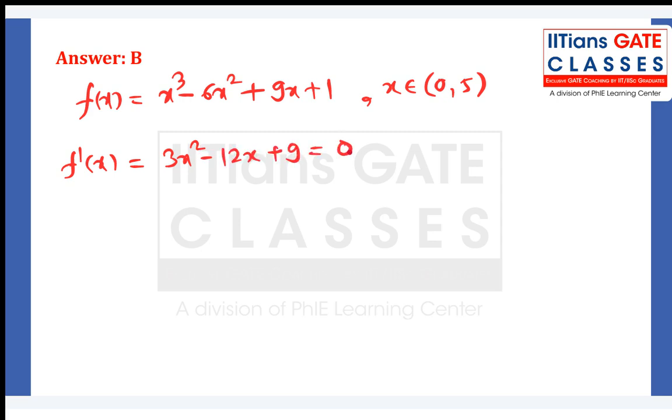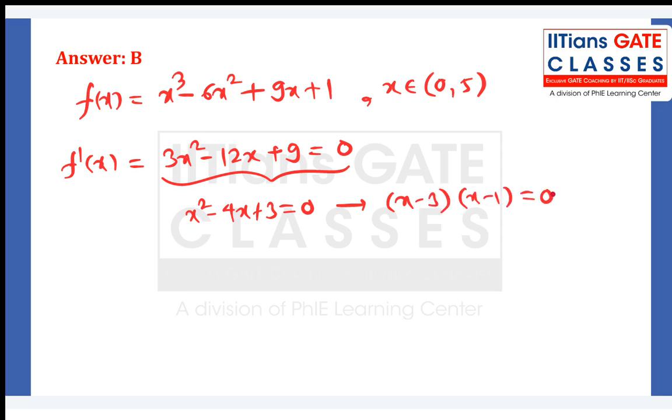From here you can take 3 common on the LHS, and you will have x square minus 4x plus 3 equal to 0. So that is nothing but x minus 3 times x minus 1 equal to 0. Therefore the critical points for this f of x come out to be x equal to 3 and x equal to 1.